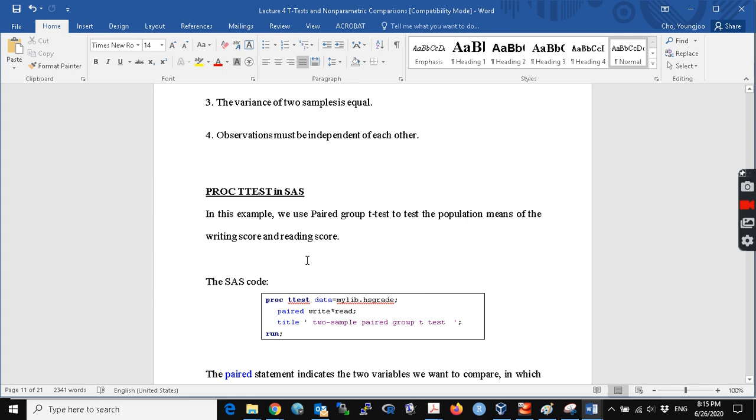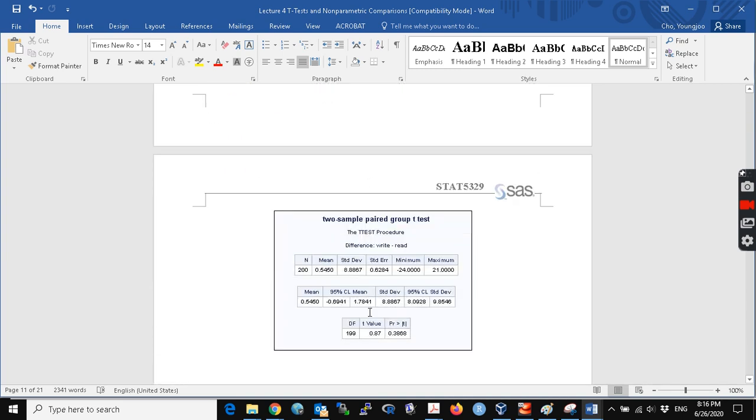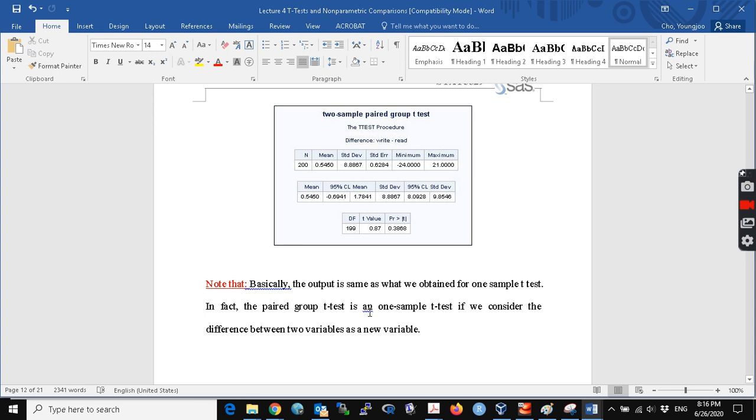Then for PROC TTEST, you can use the PAIRED statement with the two measures, write and read, here. Here we would like to use the paired group t-test to test the population means of the writing score and reading score, so we use write, star, and read. And this is the SAS output.